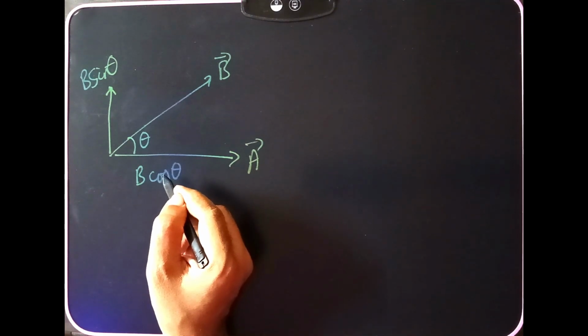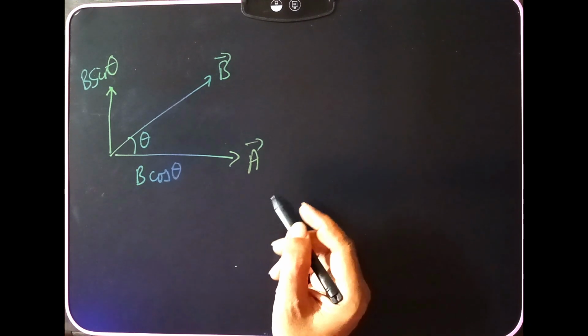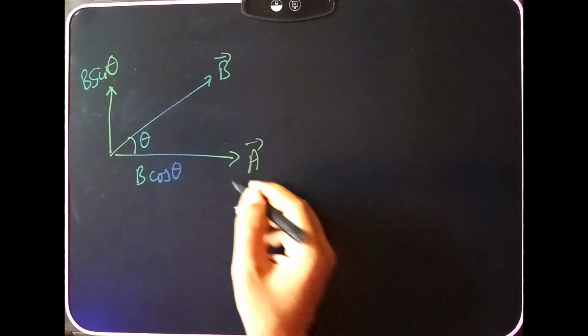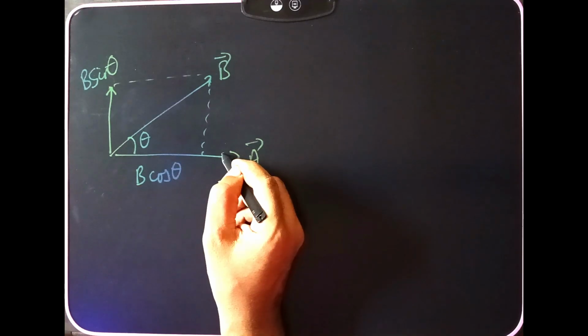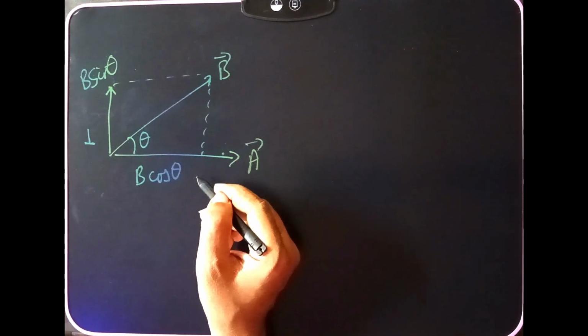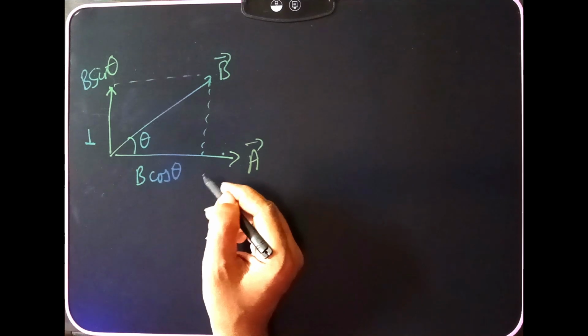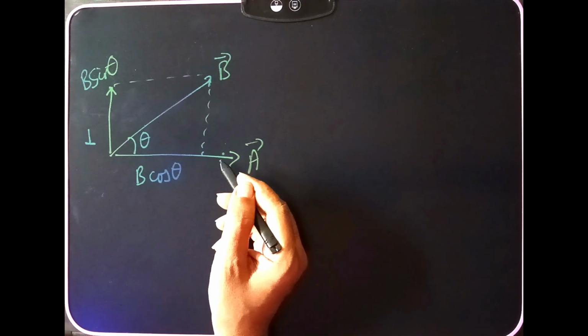Then the magnitude of the cross product is the area of the rectangle between vector A and the perpendicular component of B. This is the perpendicular component of vector B, which is equal to the area of the parallelogram formed by vectors A and B. So in a cross product, only the mutually perpendicular component of the vector is important, whereas in the dot product, only the parallel component of the vector is important.